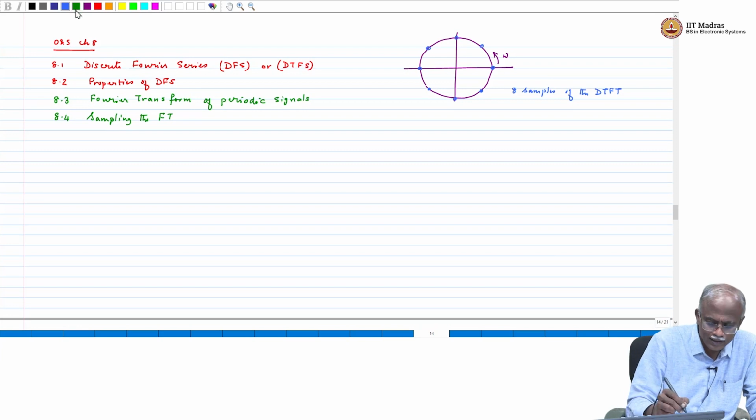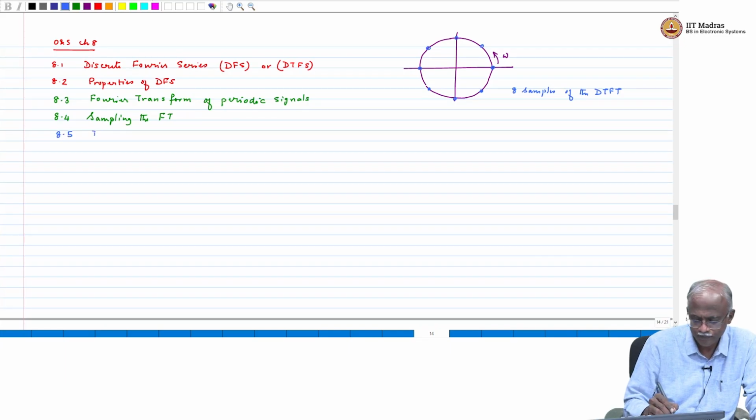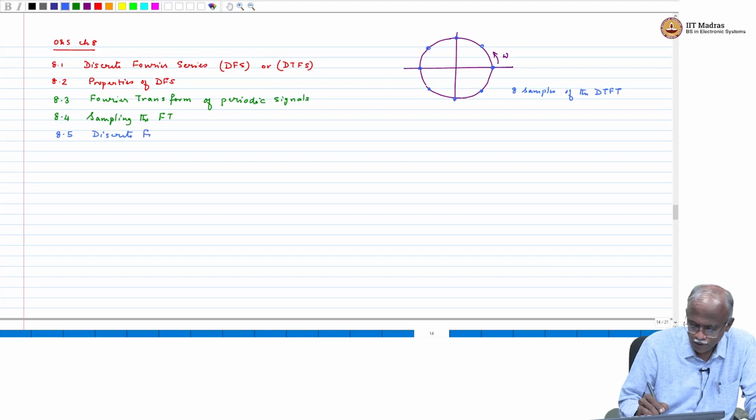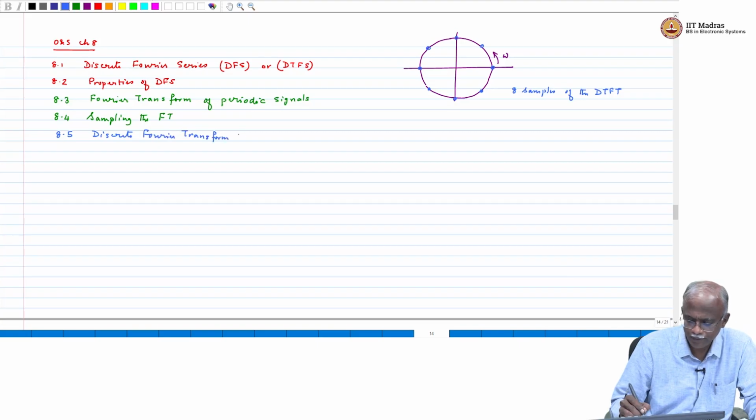This then helps us move into the discrete Fourier transform. This is the foundation by which we will then get the representation called the discrete Fourier transform, DFT.